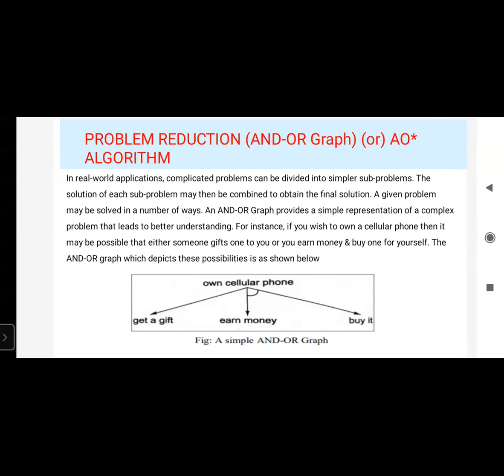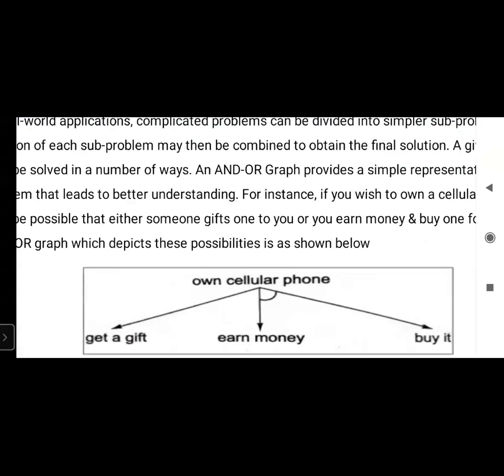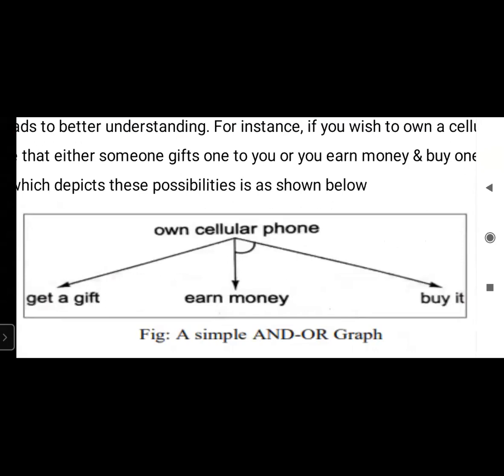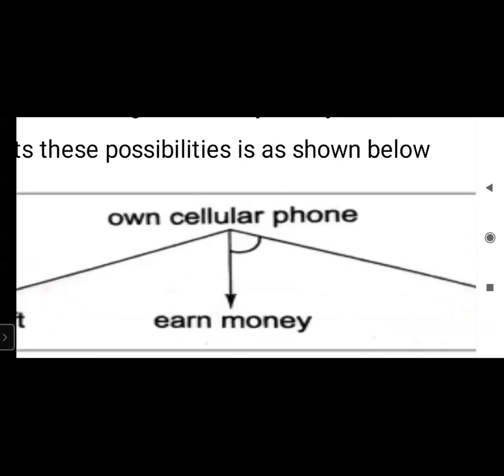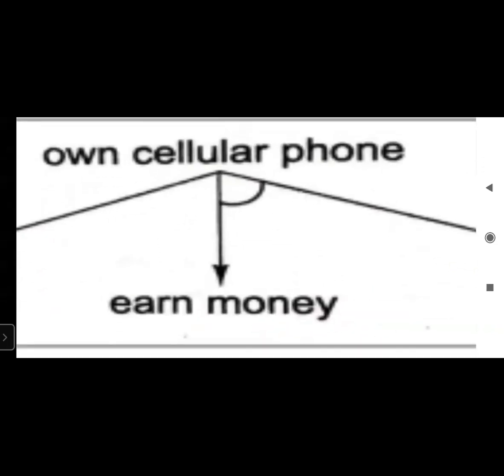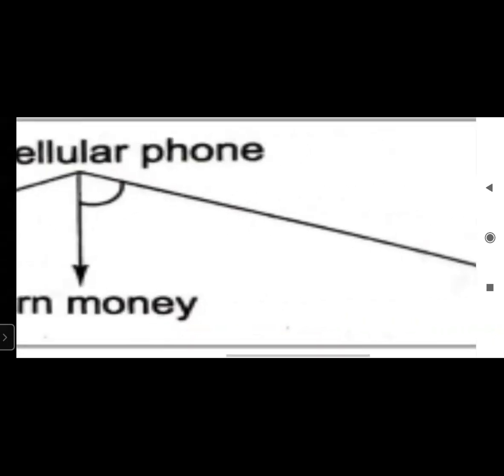Now let us see how to represent this particular instance in an AND/OR graph. See this one here. Own cellular phone. So this is the instance. Own cellular phone means to have a cell phone. These are the ways. One is get a gift: either somebody can gift it to me, or else earn money and buy it. This particular arc represents AND between earn money and buy it.